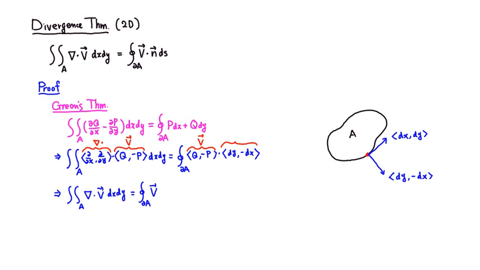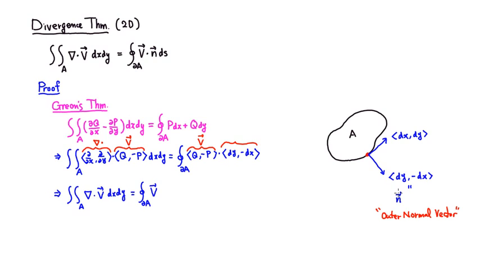So we want to rewrite this vector using n, which is called the outer normal vector, because it's a perpendicular vector.